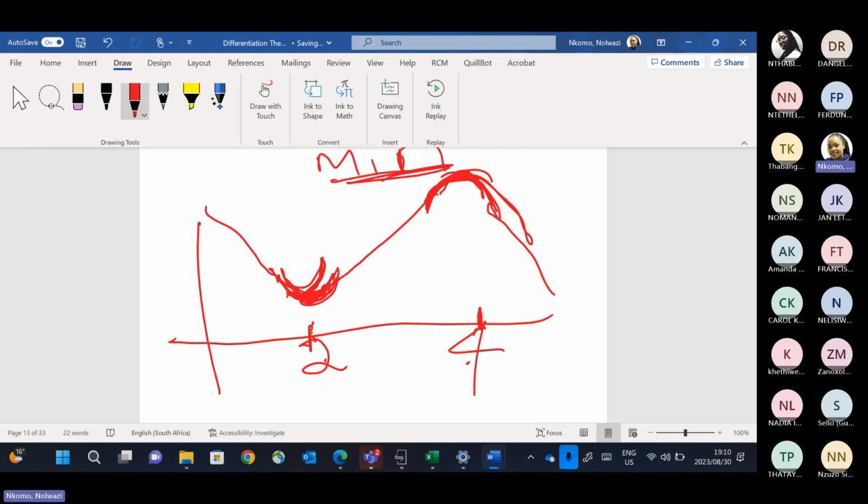So you can say this function is increasing from 2 to 4. To show that you are not including these points, you write curly brackets.